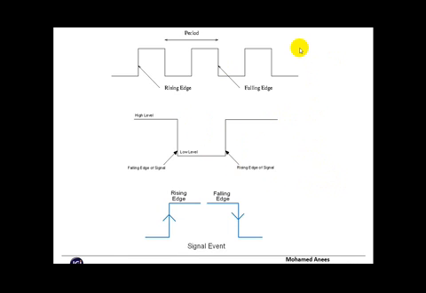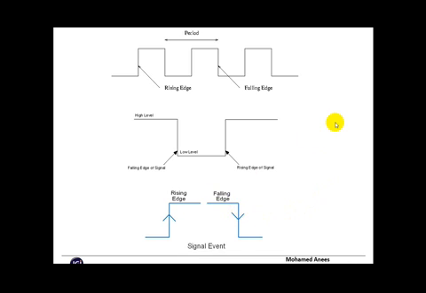That depends upon the hardware circuitry you have designed. Suppose you have designed a hardware circuitry wherein whenever a product passes the conveyor belt, you generate a falling edge. So whenever a falling edge is detected by the microcontroller, it means one product has passed.